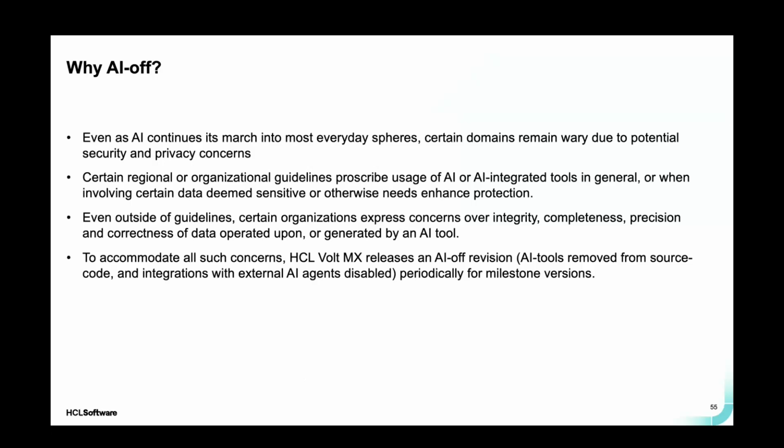For this specific reason, for both AI as part of the final application that a customer builds, as well as being part of the platform itself, VoltMX releases a version of its platform called the AI off version, in which we have removed all the tools that are integrated into the source code, as well as we have disabled all the integrations with external agents that the platform has, to ensure that you do not have to agree to AI related terms or have the concern of AI being part of the build platform or your final application.